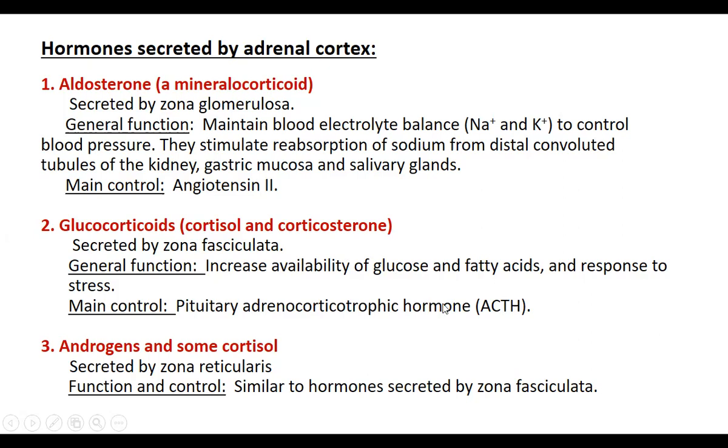That is, it will increase the level of glucose as well as fatty acids. So these are the hormones secreted by the three layers: aldosterone by the zona glomerulosa, glucocorticoids by the zona fasciculata, and androgens as well as some cortisols by the zona reticularis.